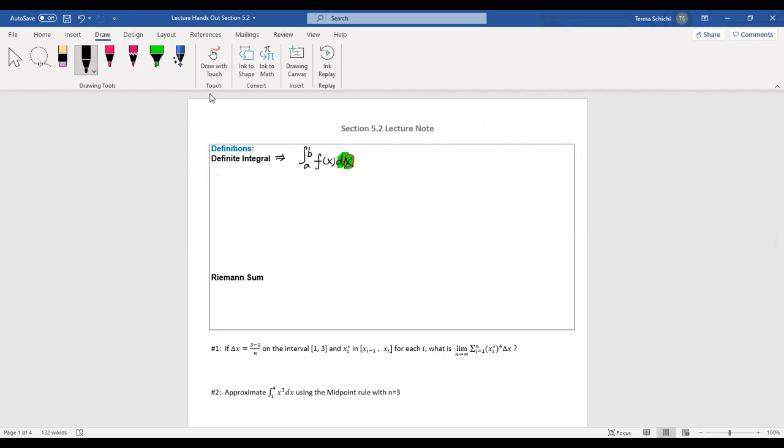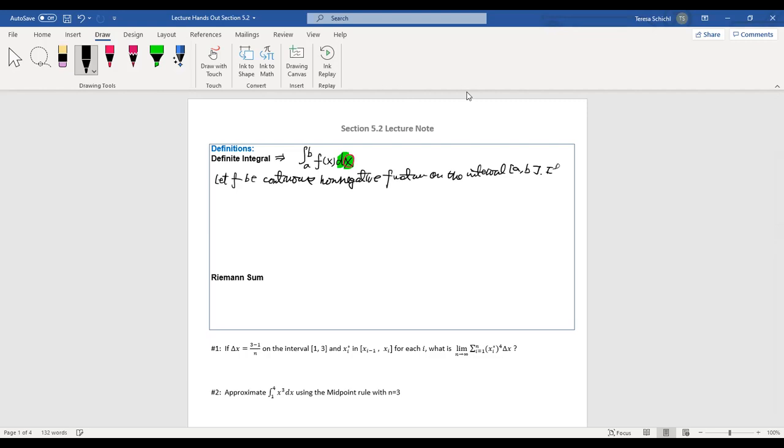Let's write it: let f be a continuous, non-negative function on the interval a, b.